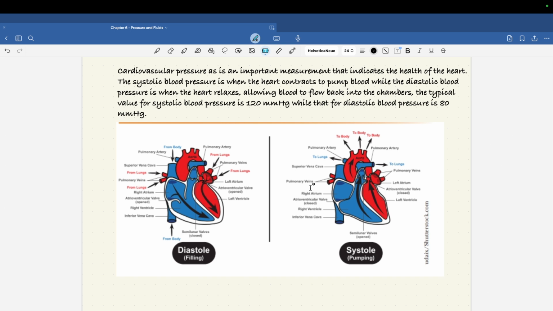The typical value for systolic blood pressure is 120 millimeters of mercury, while that for diastolic blood pressure is 80 millimeters of mercury. So that's why we say the normal blood pressure is 120 over 80.